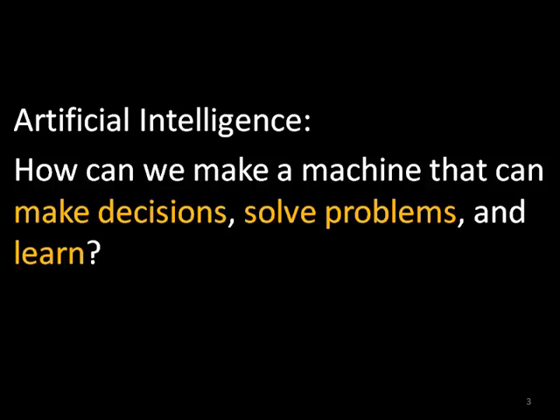Artificial intelligence is the study of how we can make a machine that can do things that we generally think of as being reserved for humans to do. Things like making decisions, solving problems, and learning from experience. This is not a comprehensive list of all that artificial intelligence encompasses. AI also includes things like knowledge representation.